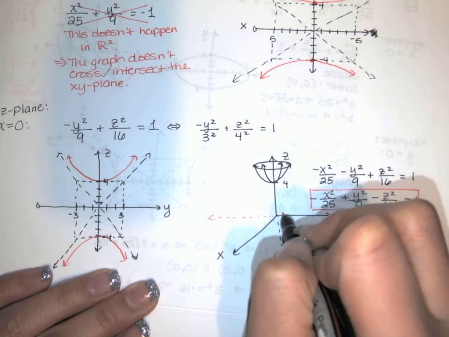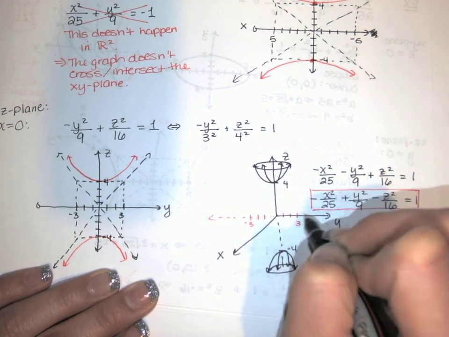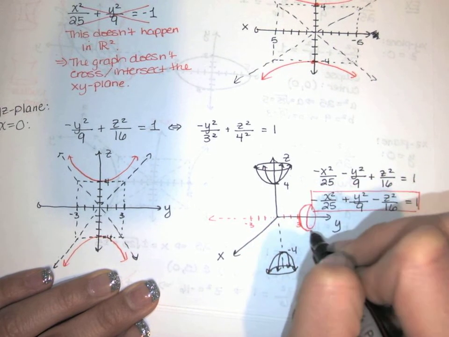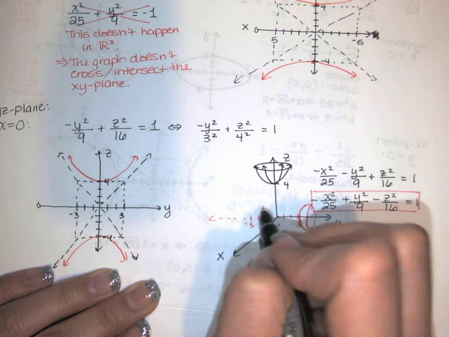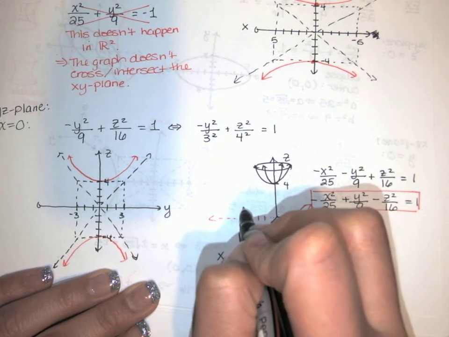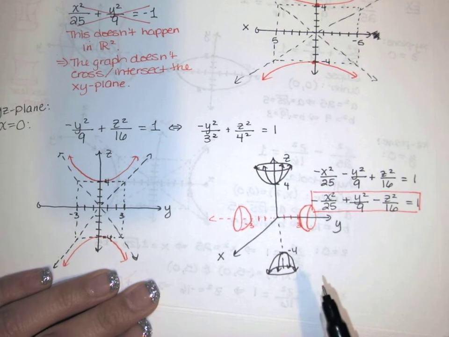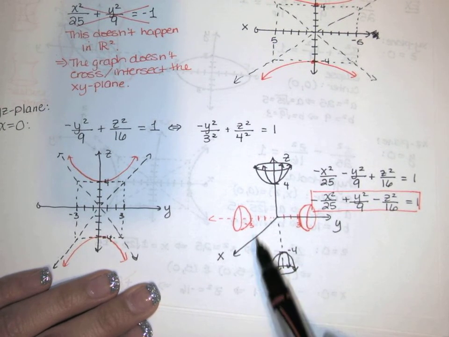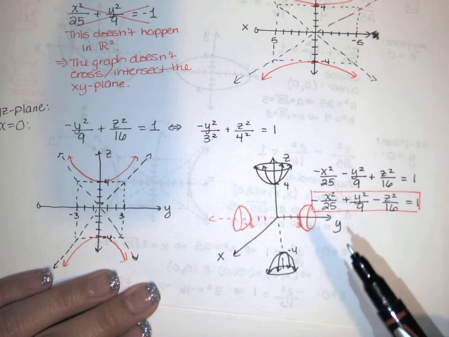So this is going to cross at 3 and negative 3. And instead of opening up and down, like this one with the positive z, this one's going to open left and right, because the y is positive. And if the x were positive, we would see one of these little cups going over here in the positive x-axis, and then there would be one behind us in the positive y.